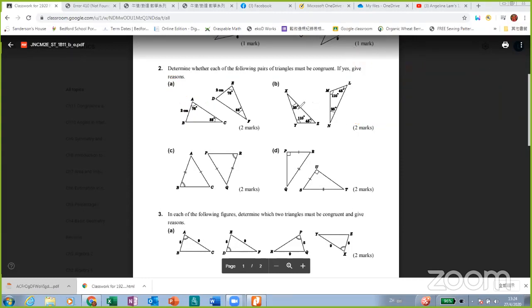For this one, you can see that there's no length given. For congruent triangles, whenever we don't have information about the length, usually we cannot say that they are congruent, because I cannot confirm that they have the same size. If I don't have information about the length, I can have a smaller triangle which has the same angles.